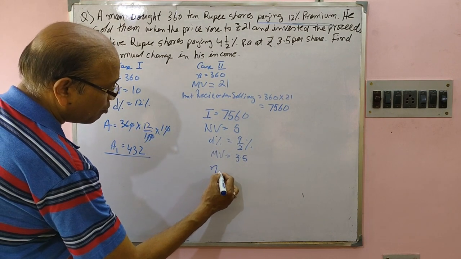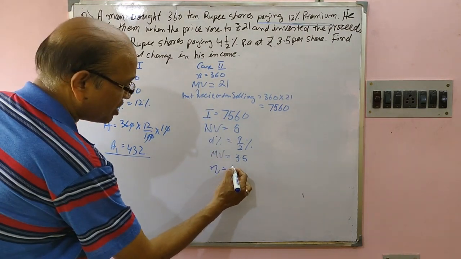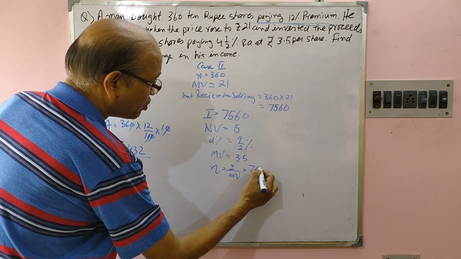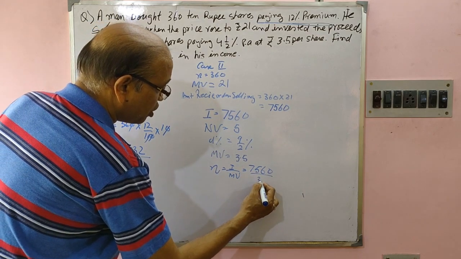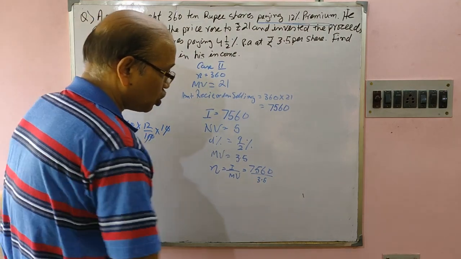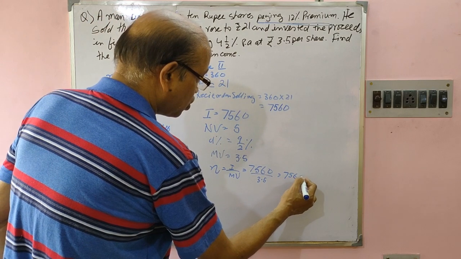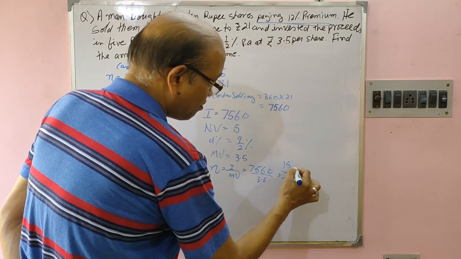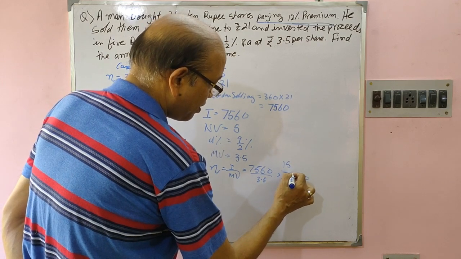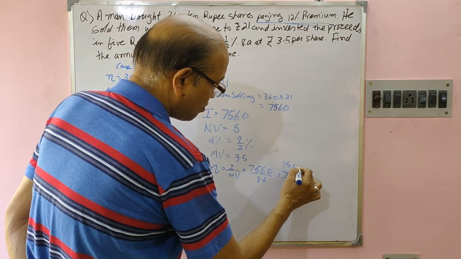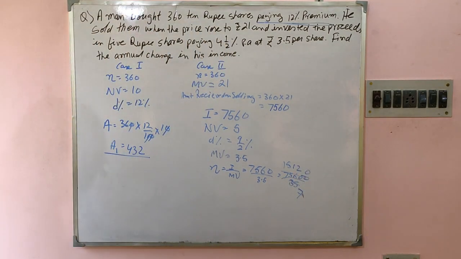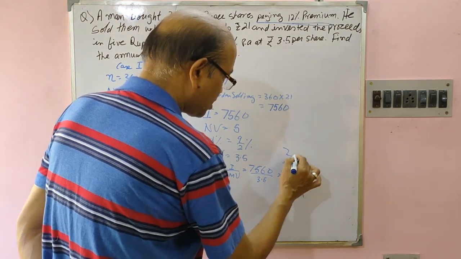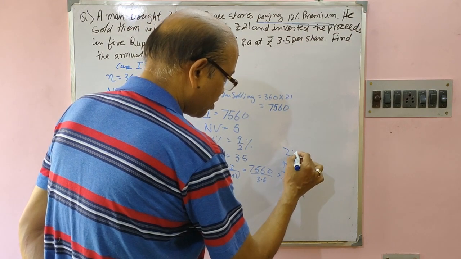Now what is the number of shares he bought? The number of shares is investment by market value, which equals 7560 by 3.5, which is equal to 75600 by 35. 7 will go into this: 7 2s are 14, 7 1s are 7.